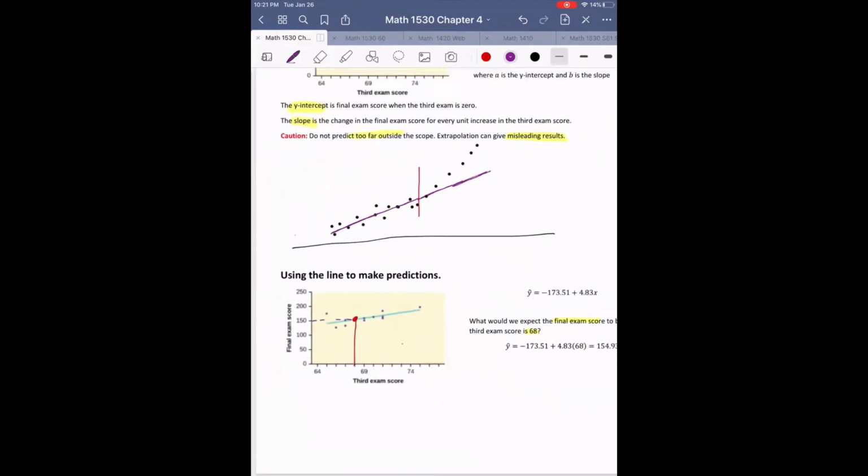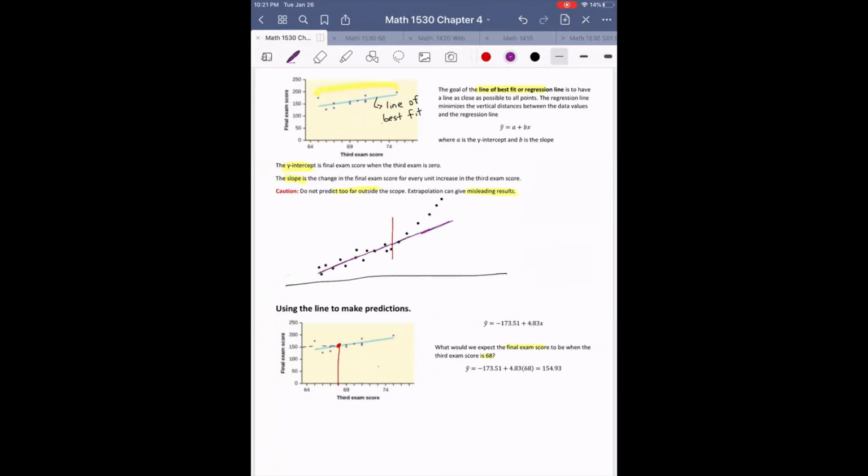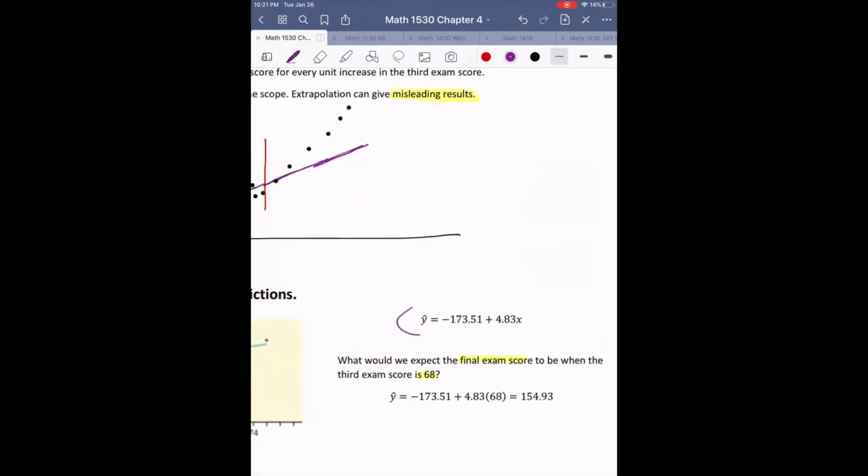Or if we have the line of best fit, which is right here, again, I found this using some kind of technology, how could I make that prediction? Well, all I'd have to do is replace my X with 68. So again, I'm plugging in 68 for X. And then I'm calculating this. When I calculate it, I'm going to get 154.93, and that would be my predicted final exam score.